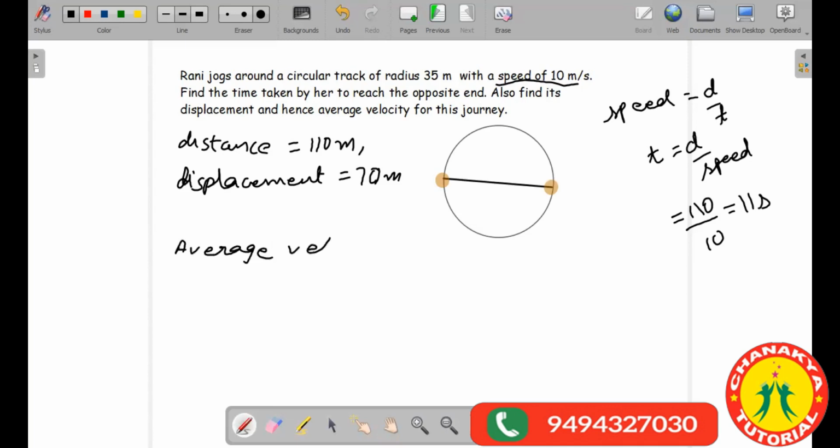Here, total displacement is 70 meter. She has made a displacement of 70 meter in 11 seconds. So 70 by 11 is your average velocity, which is 6.3 meter per second.